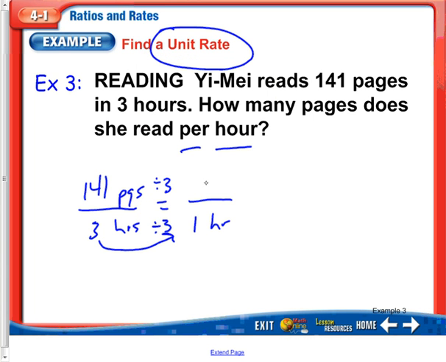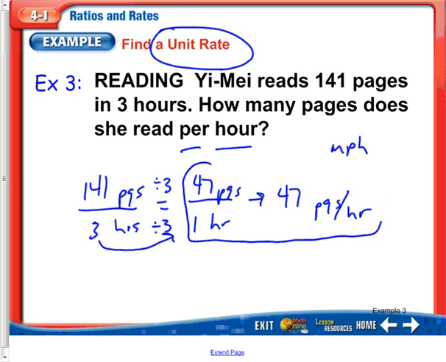So we have 47 pages. And then we'll want to rewrite this as a unit rate. We want to say 47 pages per hour, like when you write miles per hour, rather than 47 pages per 1 hour. But either one of these ways will be acceptable for a unit rate. You could write it either way. They do mean the same thing.